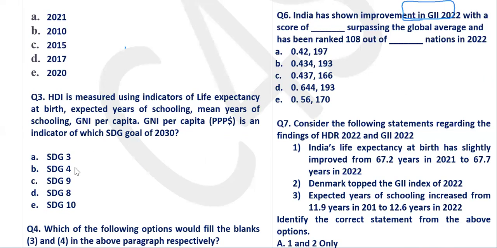Options are SDG 3, SDG 4, SDG 9, SDG 10, SDG 8. Students, the correct option is option D, SDG 8. GNI per capita is an indicator of SDG 8.5 to be particular. You have to remember all 17 SDGs, students. That is a very important question when it comes to the ESI part.